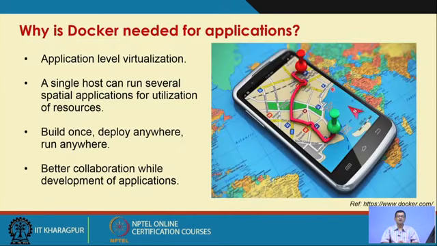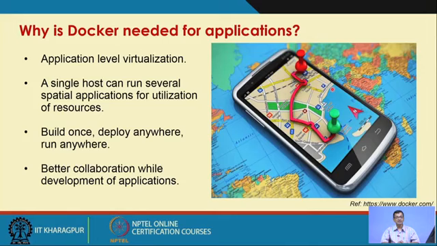So, the needs, requirements and applicability are enormous, like application level virtualization is possible. A single host can run several special applications for utilization of resources. As we have seen when we discussed spatial cloud, there are several special applications, and now we can have a single host which can run several of them.